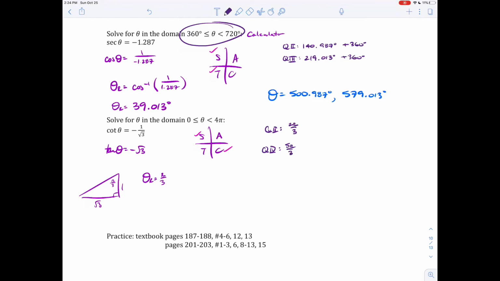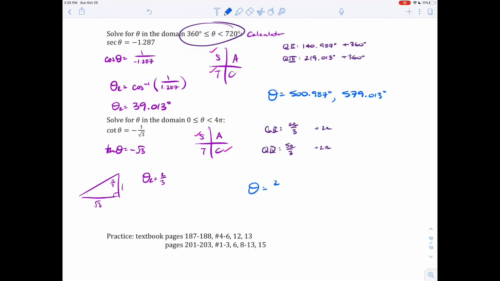But this is only from 0 to 2 pi, and we're going from 0 to 4 pi. So we can also add 2 pi to each of those.